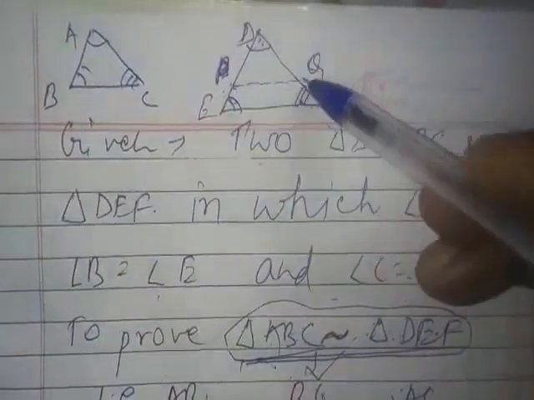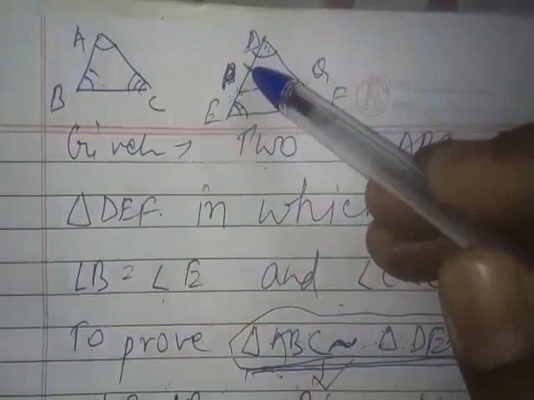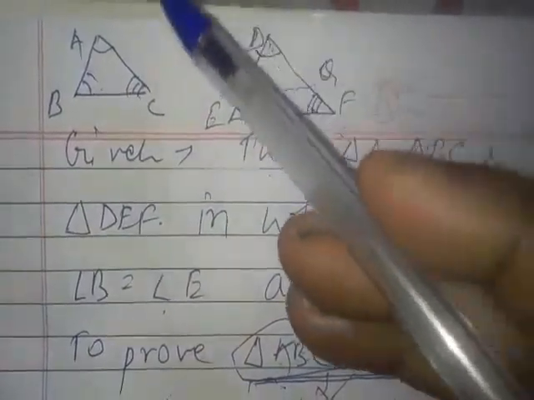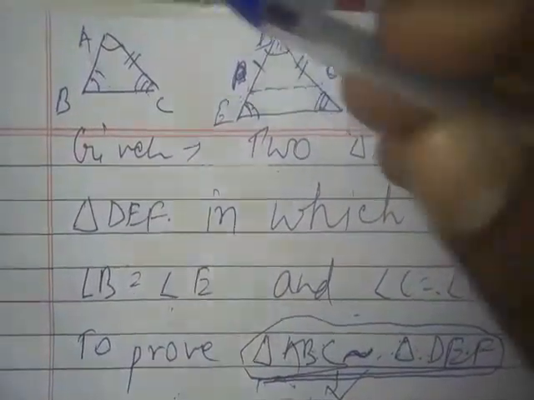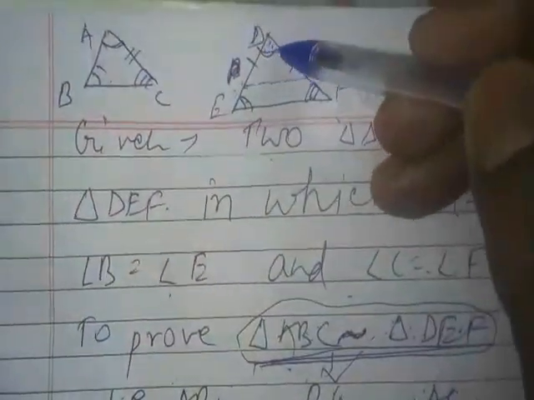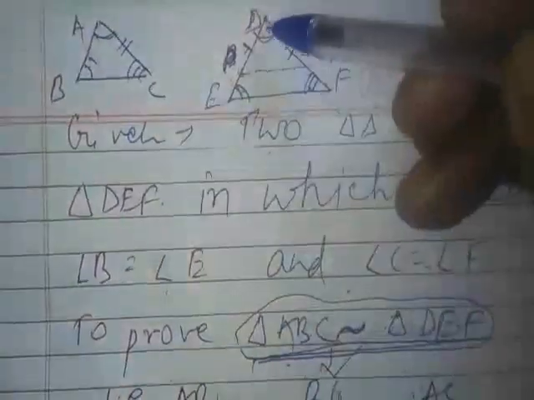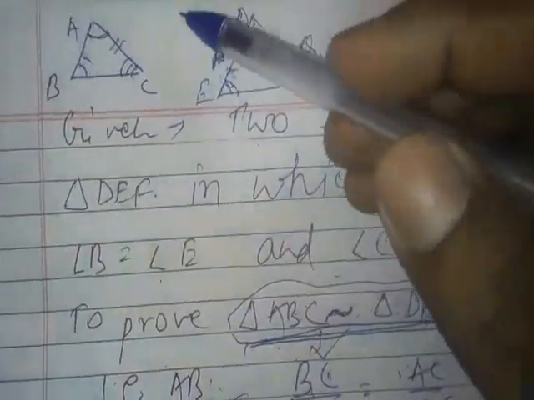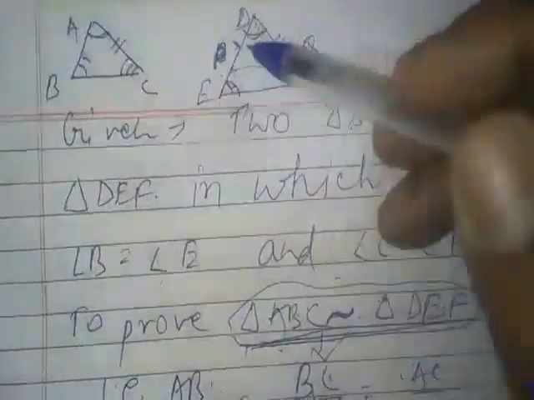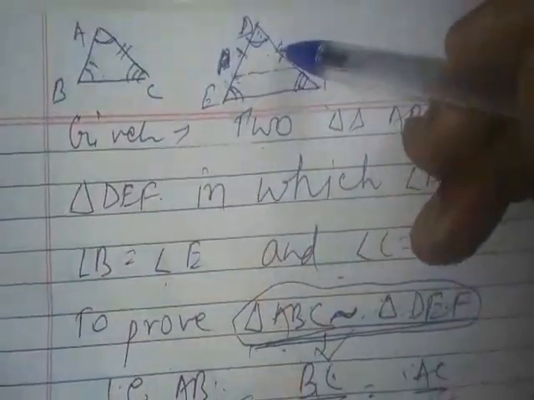Now what do we see? That AB is equal to DP by construction we have taken, and AC is equal to DQ that we have taken by construction, and angle A is equal to angle D. Now the side angle side conditions are prevailing in the congruency of triangles. As we know, two triangles are congruent if any two sides are equal and the included angle is also equal.